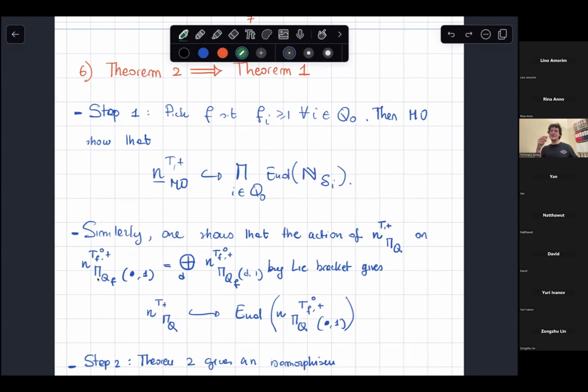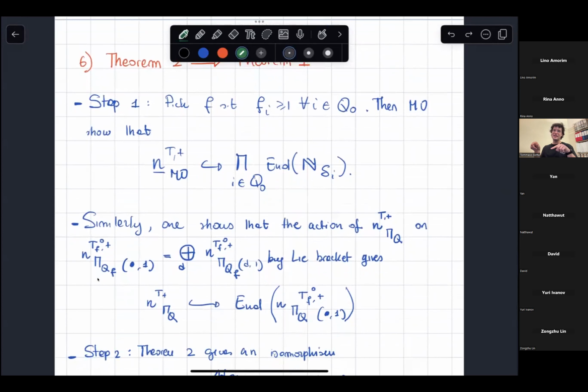So you can always think of the unframed quiver as living inside the framed quiver, right? So the BPS Lie algebra of the unframed quiver acts on the framed one simply by brackets.